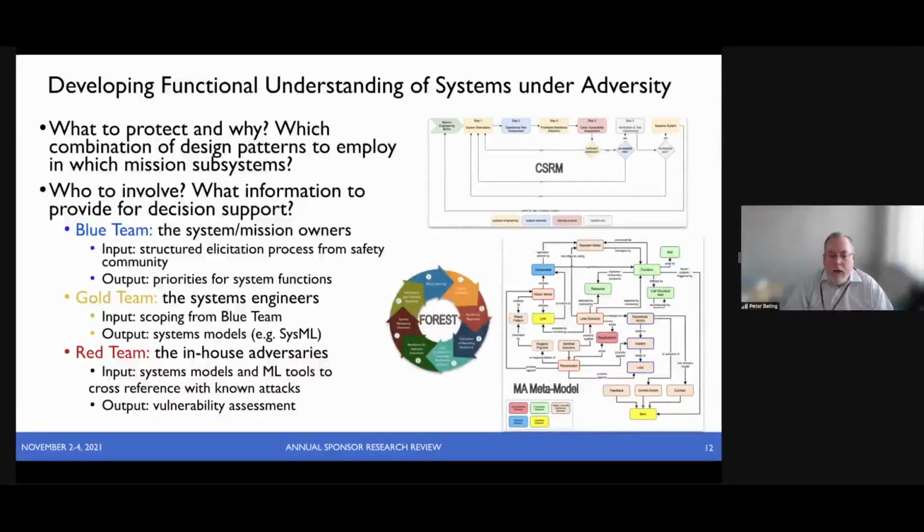And to do that without a system that exists, we of course need to provide them with the models of the system. We can do that in MBSE terms. We can also begin to translate those models into other forms, for example GraphML, to give a graphical representation of the system, which is more amenable to algorithmic analysis and doesn't require as much of an understanding of SysML on the part of the red team as would otherwise be the case if we fed them the models directly.